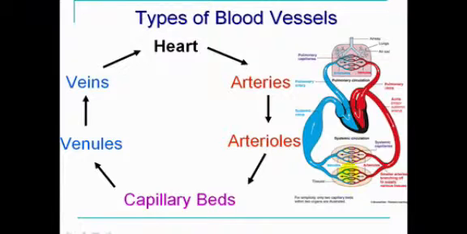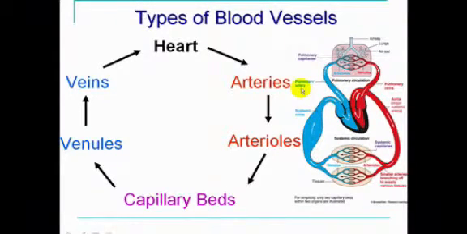Capillary beds is where exchange of nutrients and gases occur between the blood and the tissues. Capillary beds then feed into small vessels called venules. Venules are tiny veins that then converge into larger veins that carry blood back to the heart.